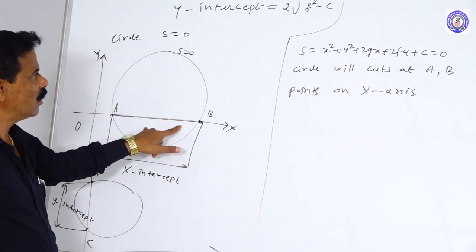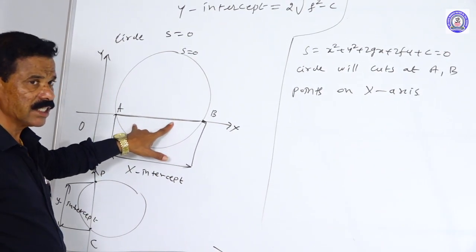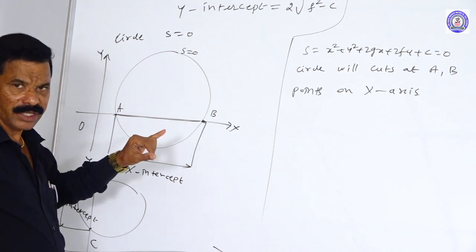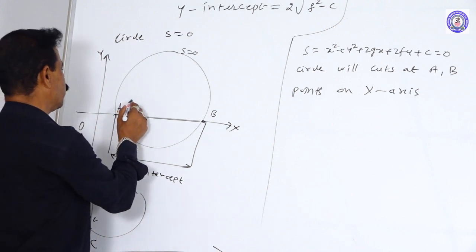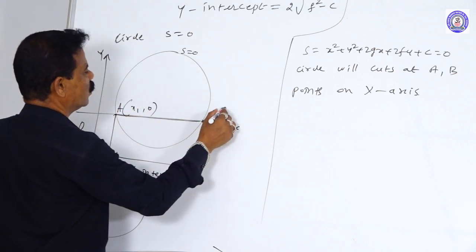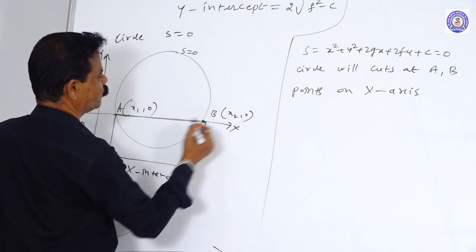Then AB is the length of the intercept. So the x coordinates of A and B are there, but the y coordinates are 0. This is x1, 0, this is x2, 0.